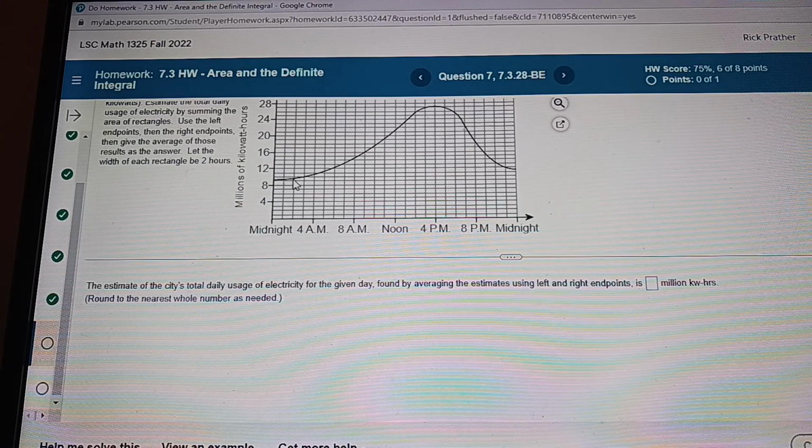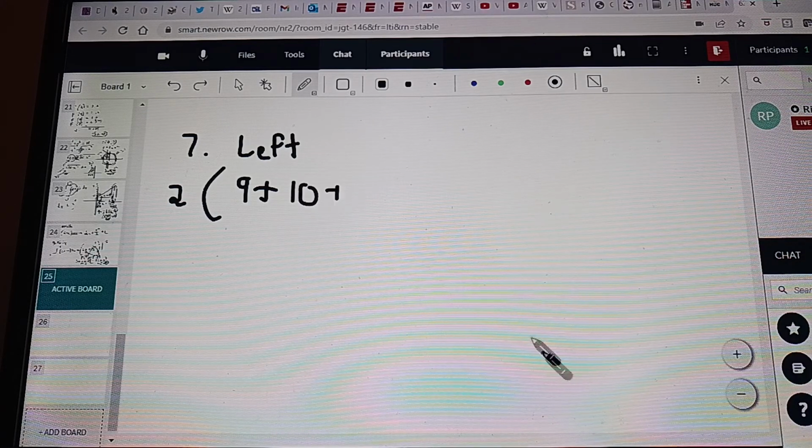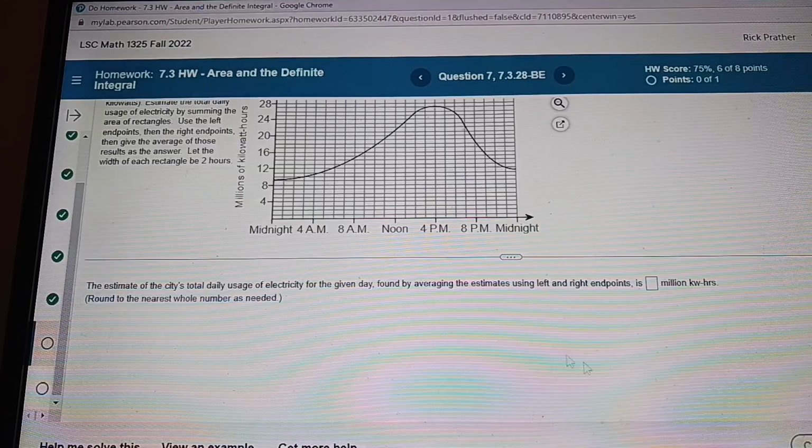They want this rounded to the nearest whole number. So I guess I'll just go to the nearest whole number there and call that 10. I don't know how much leeway they're going to count off if I'm rounding too much too soon. Okay, another 2 hours would be 4 a.m. That one's pretty close to 11.